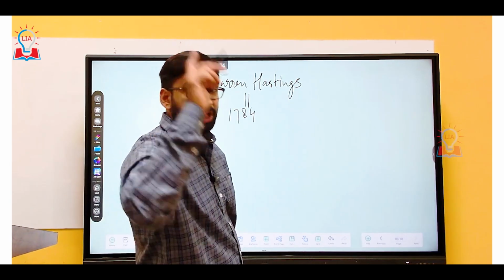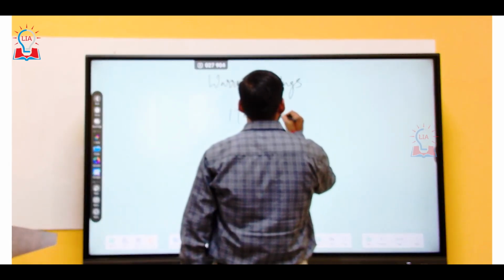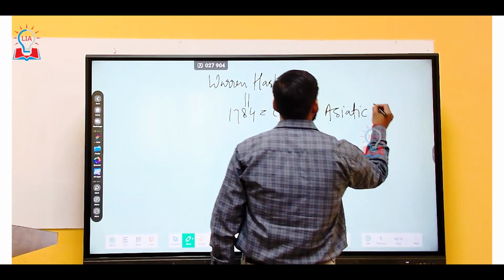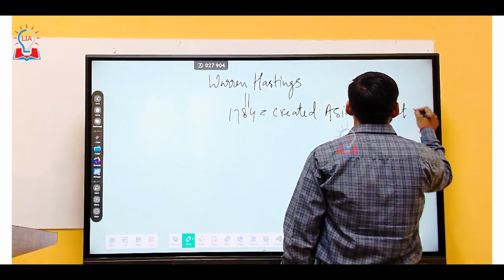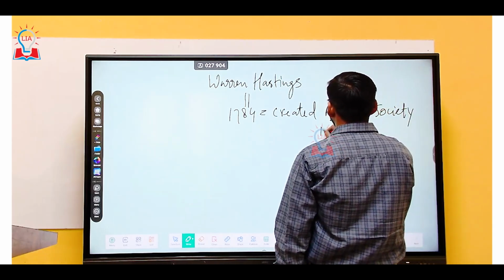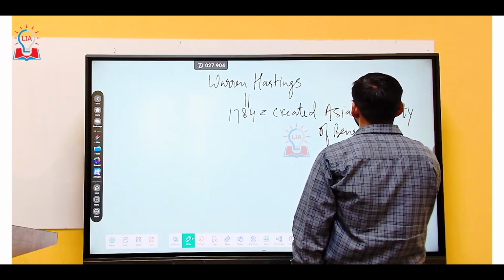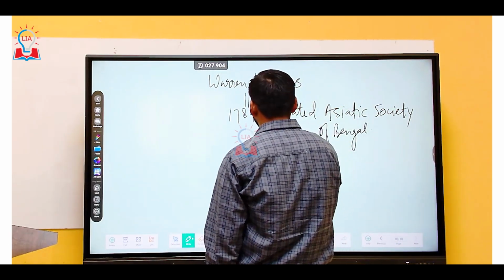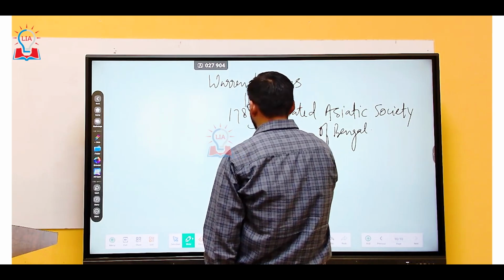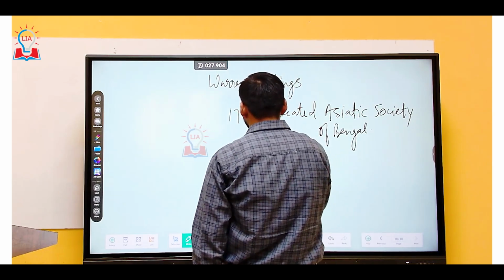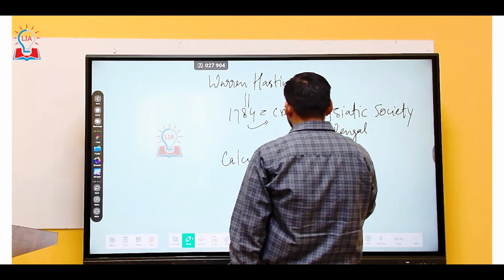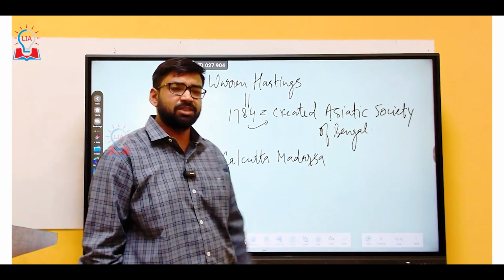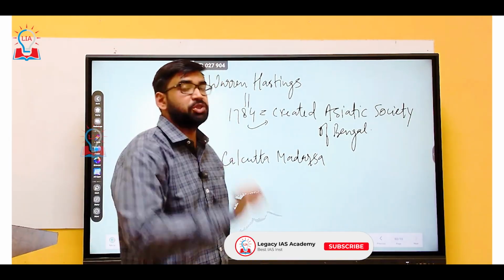Created Asiatic Society of Bengal and created Calcutta Madrasa. Why was Calcutta Madrasa created? To learn Persian language.